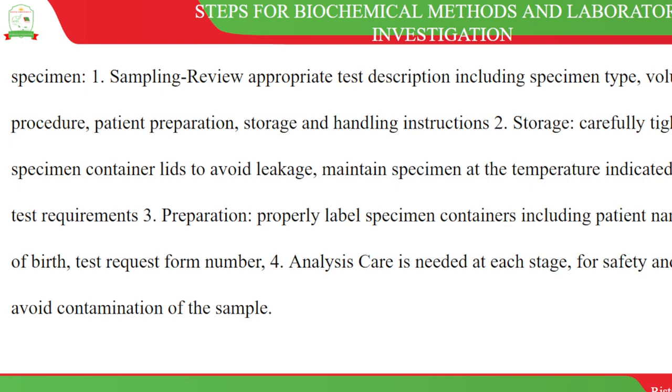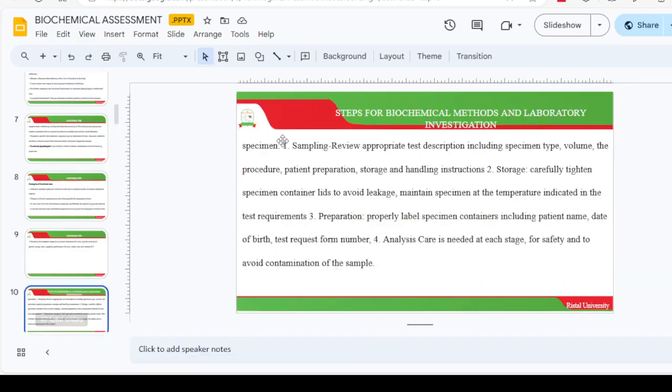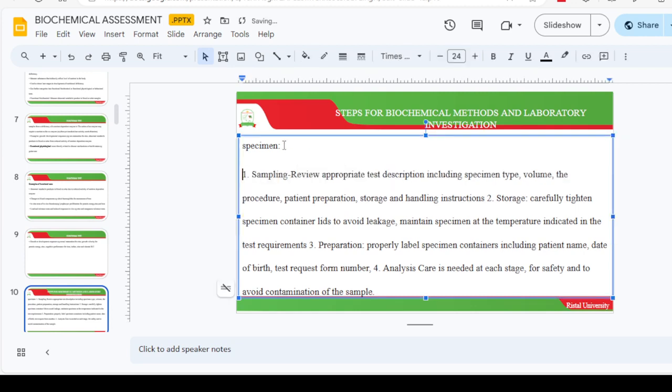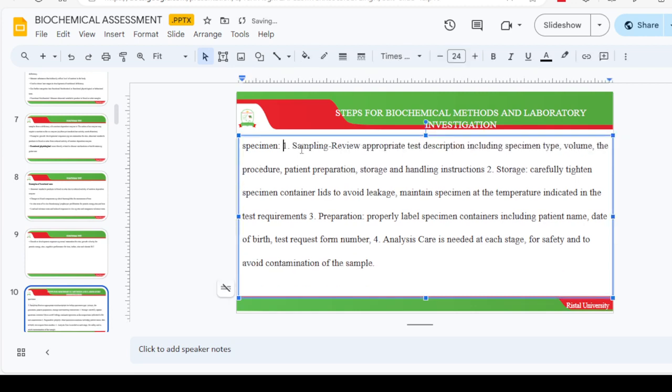On sampling, I think I should try fixing up something here so that you get to understand that. Sampling is the first stage. Two is the second step, which is the storage.